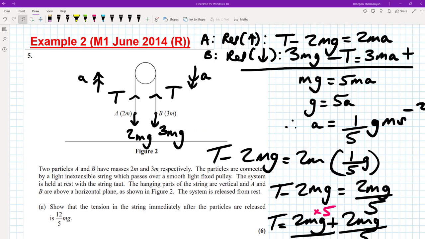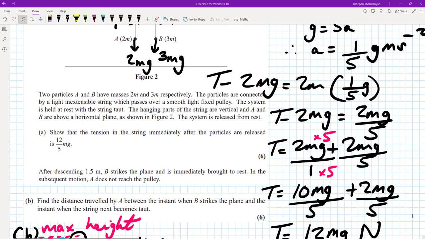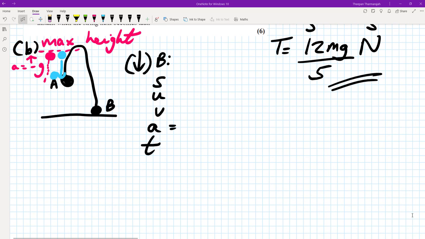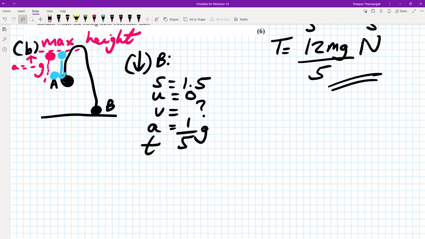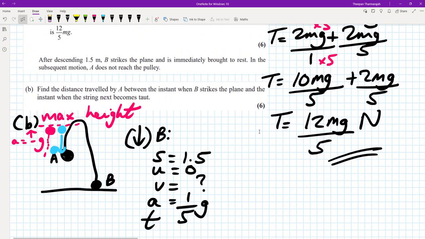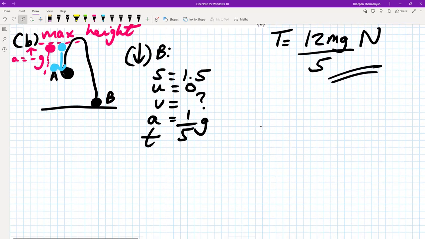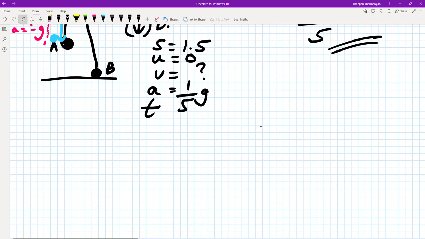So we can tell originally that B was going down, so we want to find the final velocity as B hits the ground. So we know it starts from rest. a was a fifth of g. We don't know what the final velocity was, and we know that s was 1.5, and we'll just double check that in the question here. Yep, after descending 1.5 meters. So now we're going to use, for particle B, v squared equals u squared plus 2as.